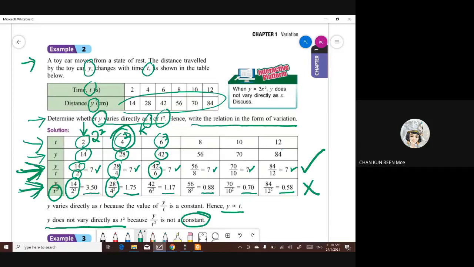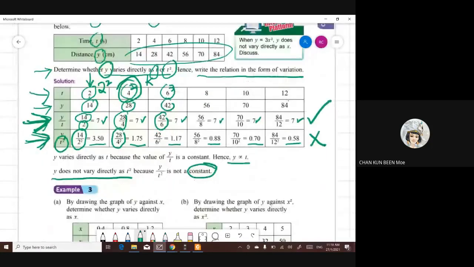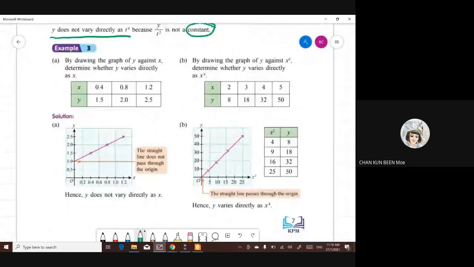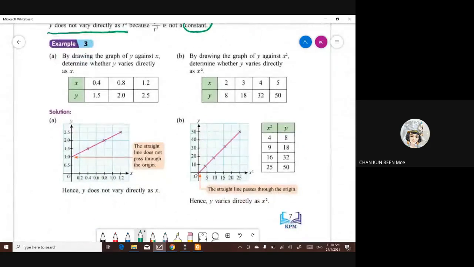Okay, so we continue for example 3. This one is very simple. You just need to see from the graph. Okay, we look at A. By drawing the graph of y against x, determine whether y varies directly as x. So from the table given, you are going to plot x is 0.4, y is 1.5.